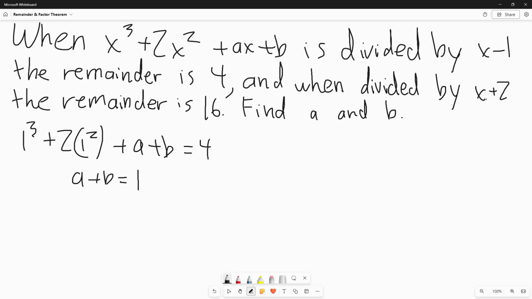And now let's do the other one. x plus 2 equals 0, and we get x equals negative 2. So let's plug negative 2 back into this equation.